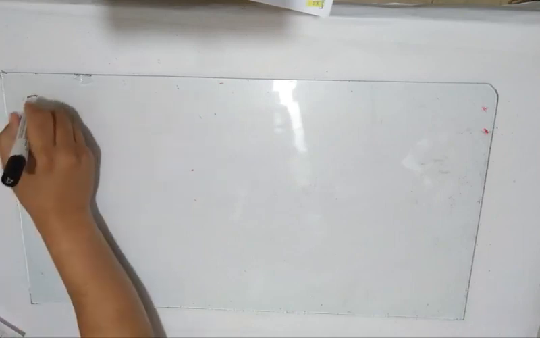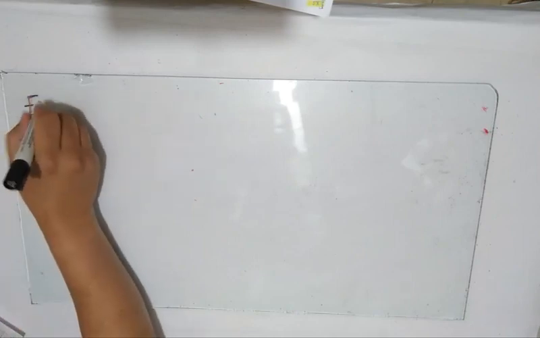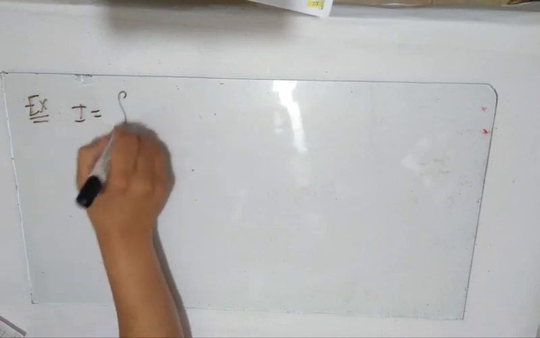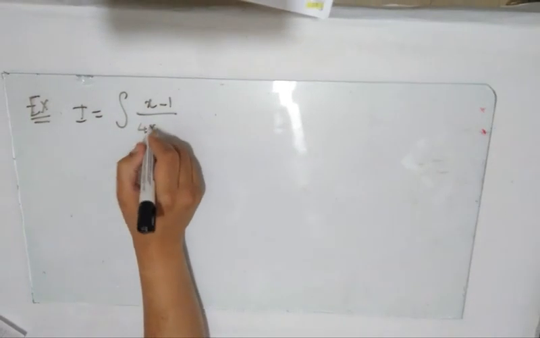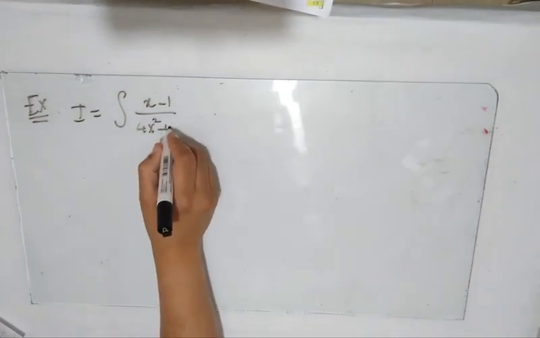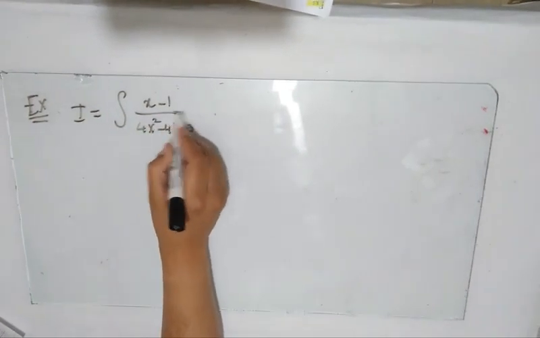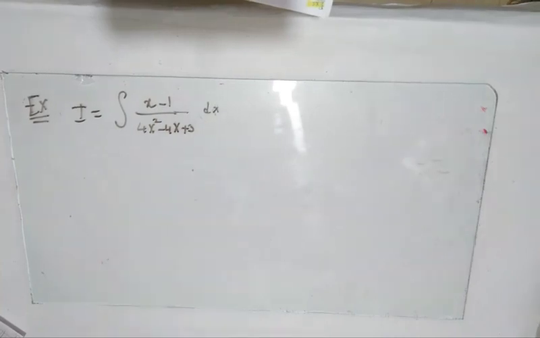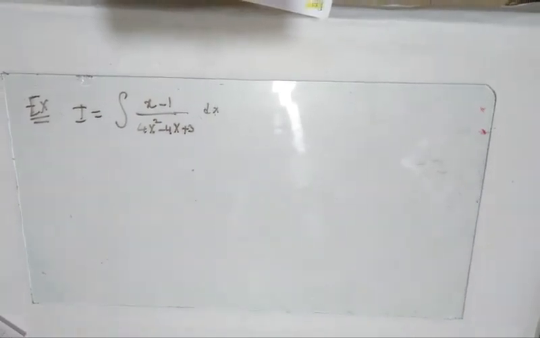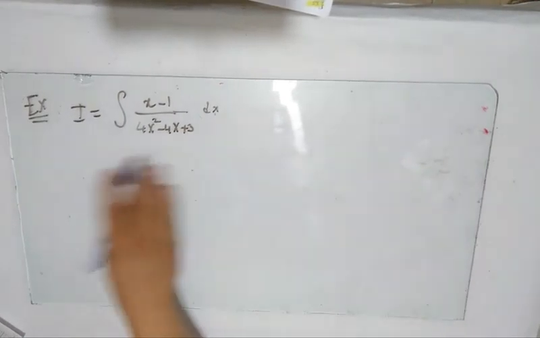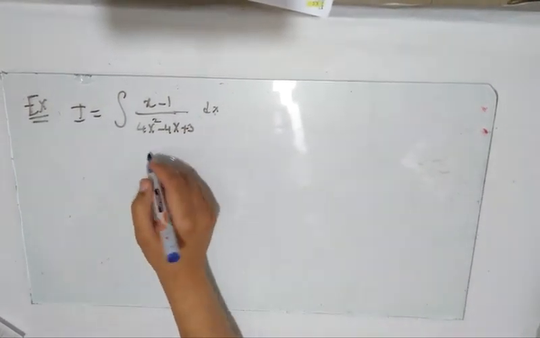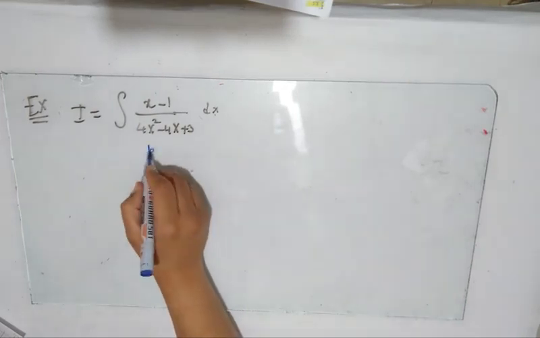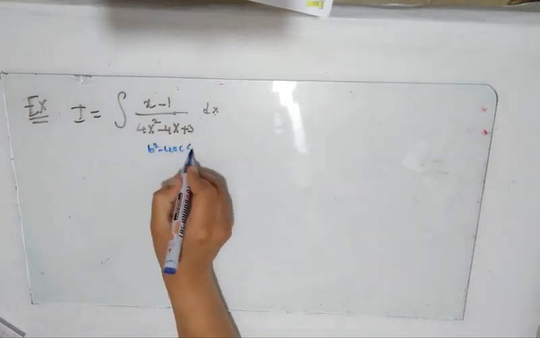So, example: we want to evaluate this integral, (x minus 1) over (4x squared minus 4x plus 3) with respect to x. Here this is a quadratic expression which is irreducible because b squared minus 4ac is negative.